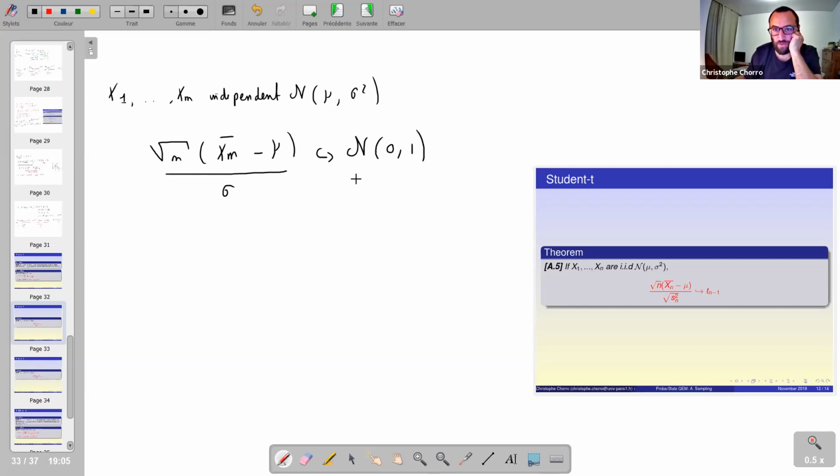And I have built this way a confidence interval, I repeat, but a confidence interval depending on sigma, a quantity that I don't know a priori.